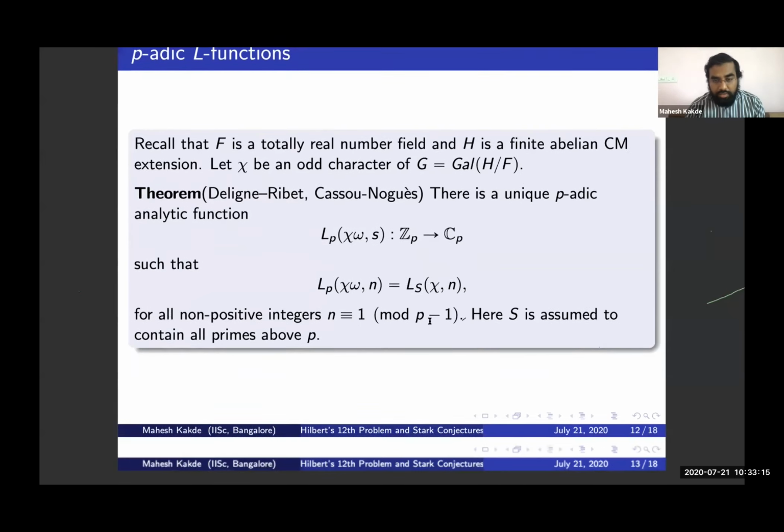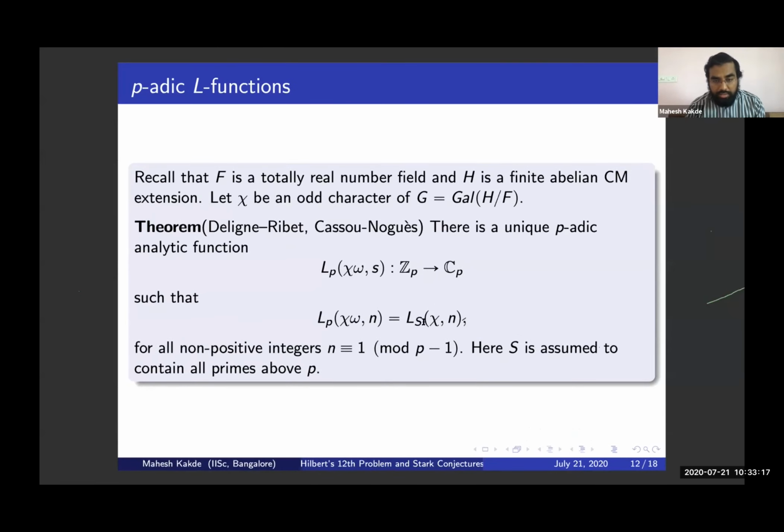So from p-adic integers to the completion of Q_p bar, such that it interpolates these L values. The right hand side here is the complex L function as defined earlier. And my p-adic L function, when I evaluate it at s equal to a negative integer congruent to 1 mod p minus 1, I get this. Usually it's odd negative integers, but then you have some powers of this Teichmüller character omega coming in here, which I did not want to mention.